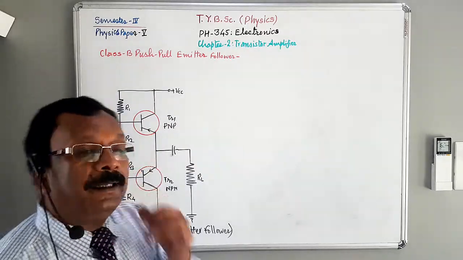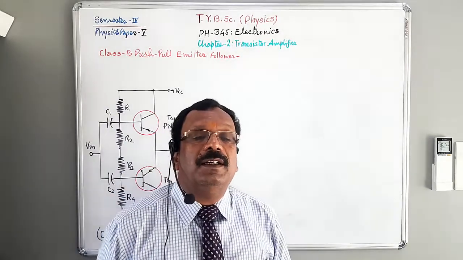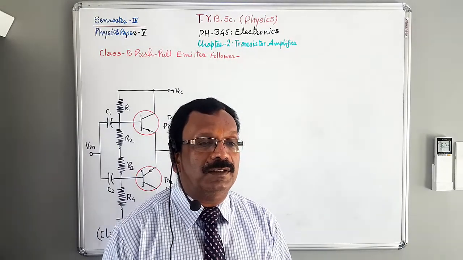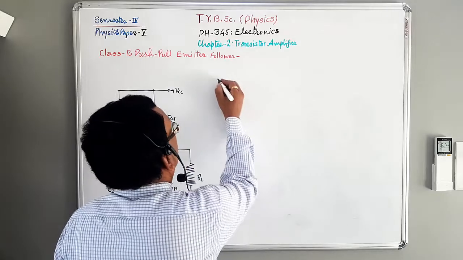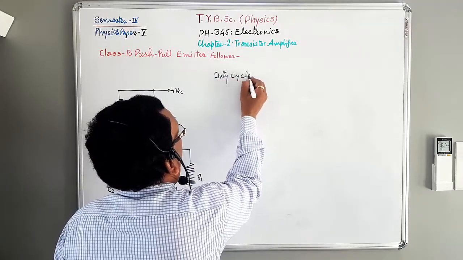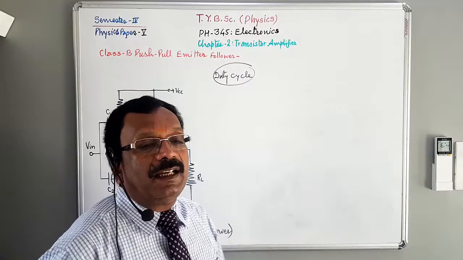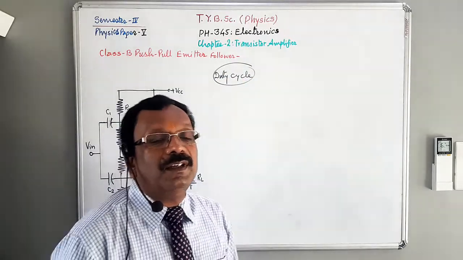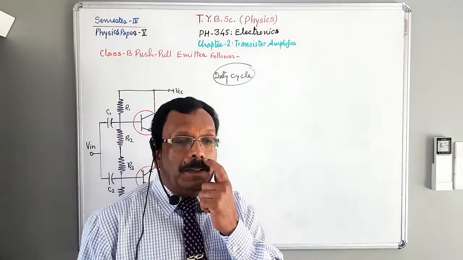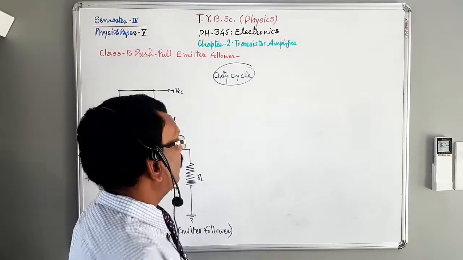In case of class C operation, duty cycle is important and the angle of conduction is important. So what is duty cycle? Duty cycle is the ratio of pulse width upon period of the pulse, or width of the pulse upon period of the pulse. We know that.